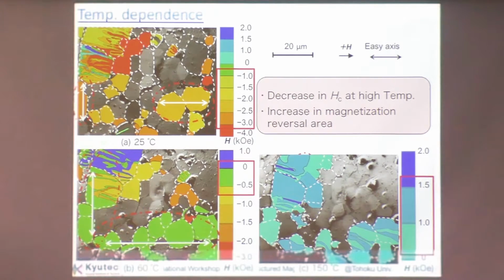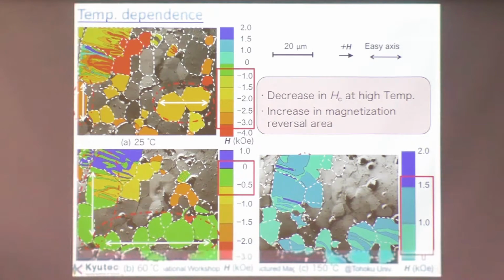At room temperature, magnetization reversal started at minus 1 kilo-oersted, but at 60 degrees C, magnetization reversal first occurred at 0 to minus 0.5 kilo-oersted. And at 150 degrees C, magnetization reversal occurred at plus 1.5 kilo-oersted.